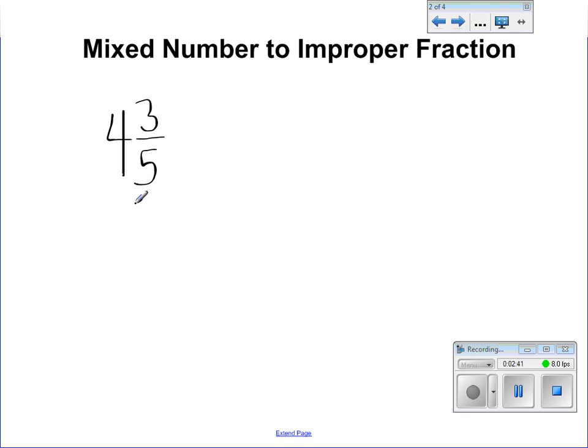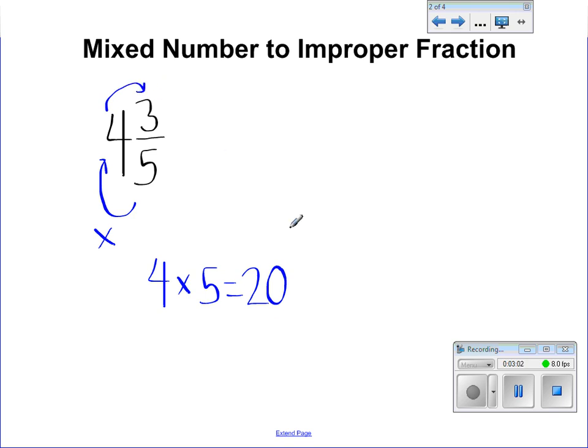And our trick is you take your denominator and you multiply it by your whole number. So in this instance, I have 4 times 5, which I know is 20. And then I need to take that product and I need to add the numerator to it. So I'm going to add 3 to it. So 20 plus 3 equals 23.